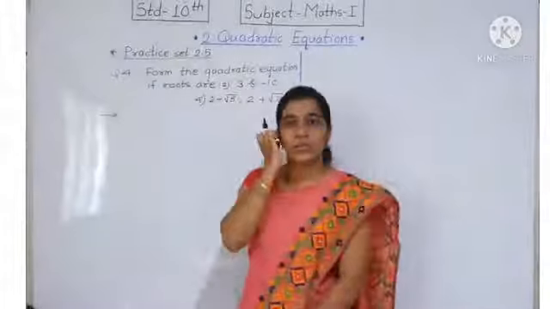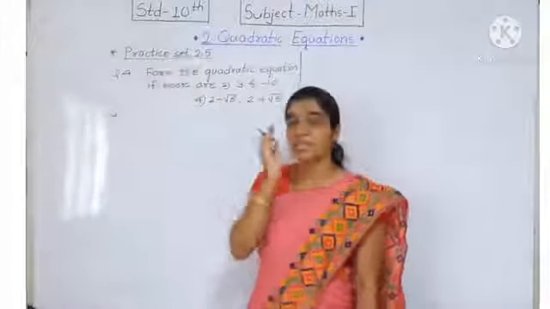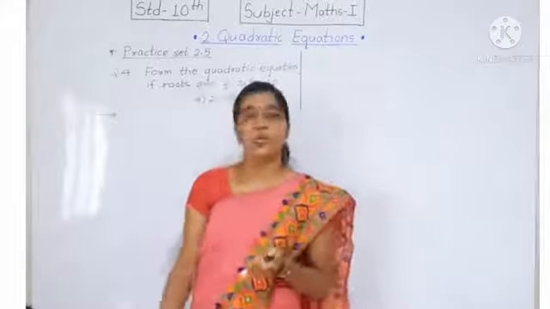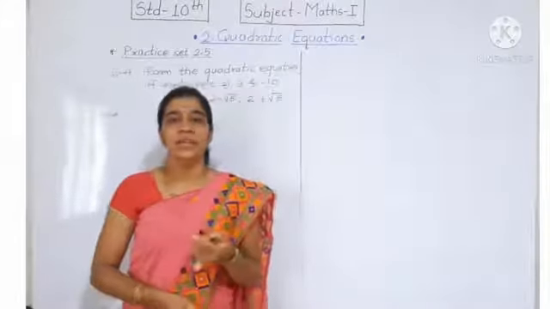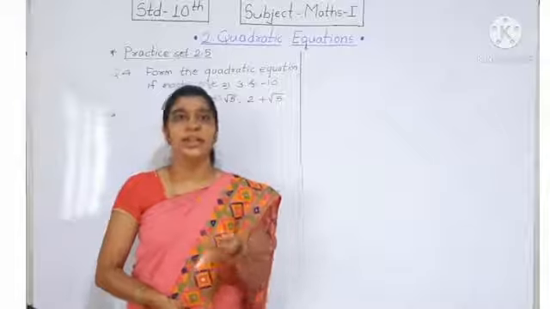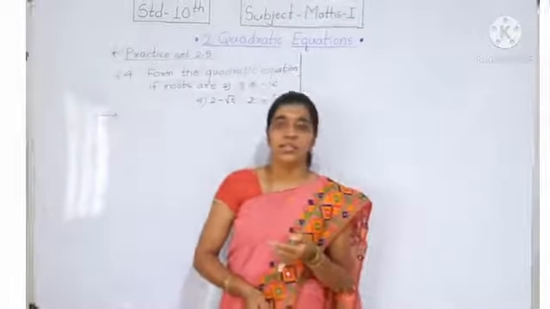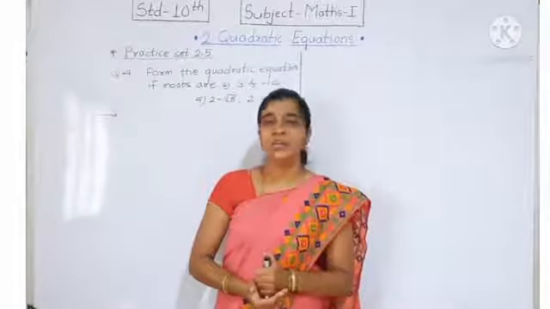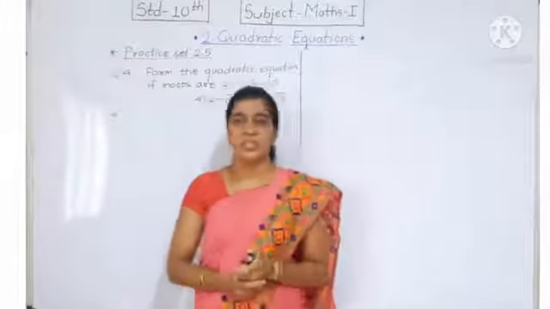Students, now we will see some examples in practice set 2.5. In practice set 2.5, questions number 1, 2 and 3 are based on the discriminant and nature of the roots. We had already learned that, so you can solve questions 1, 2, 3 easily.